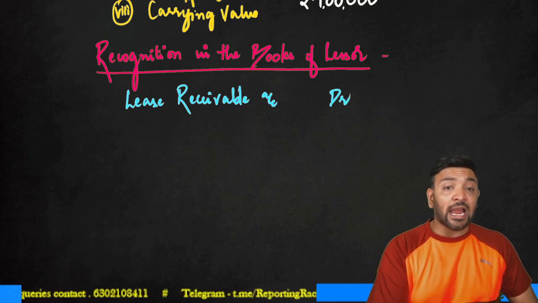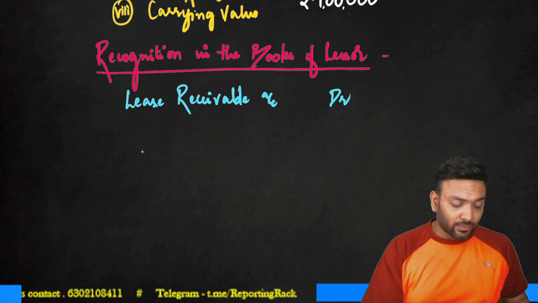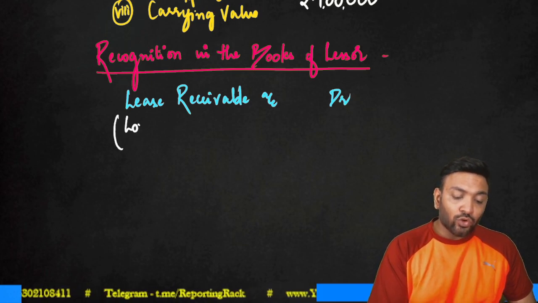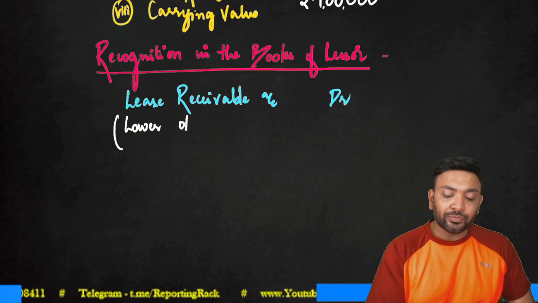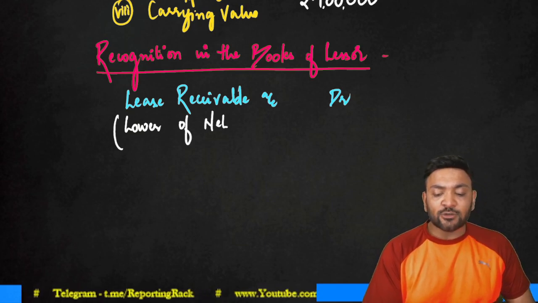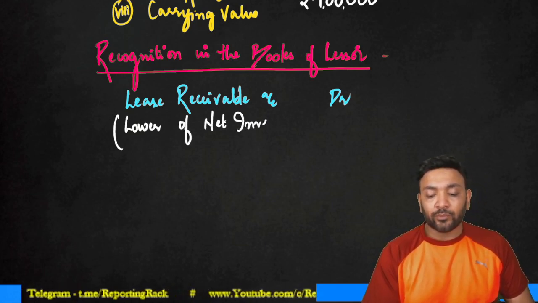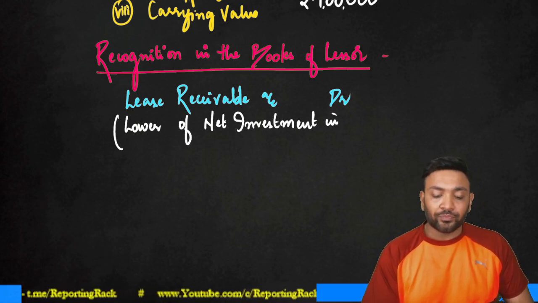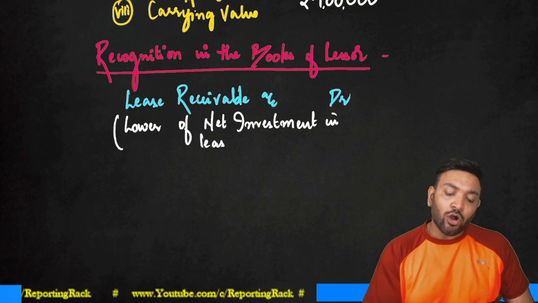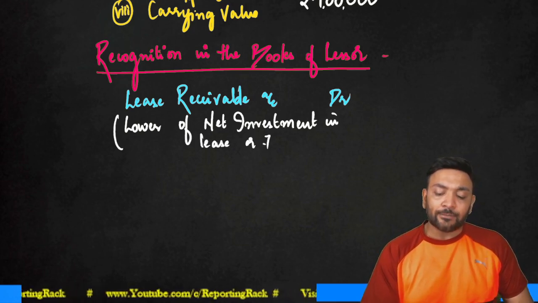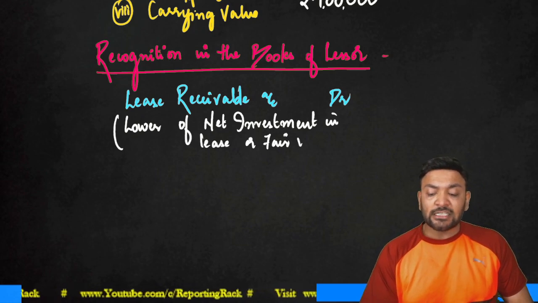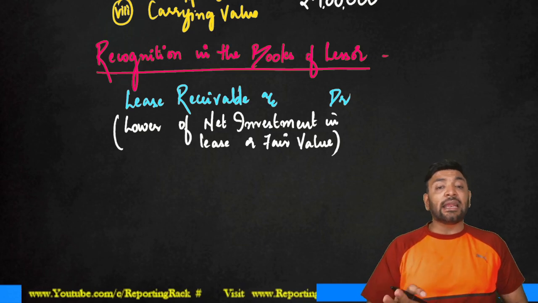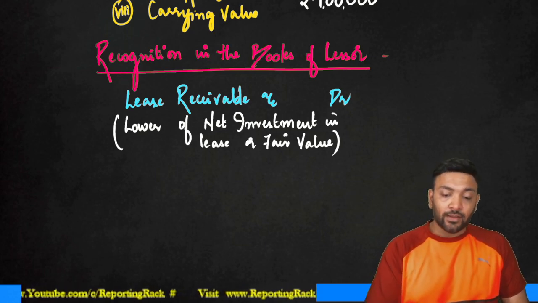This should be measured at the lower of net investment in lease or the fair value of the leased asset, as far as a dealer lessor is concerned. If it was not a dealer, directly net investment in lease.